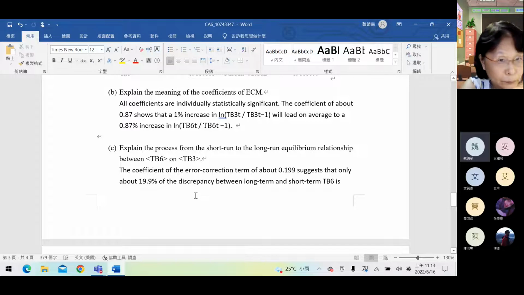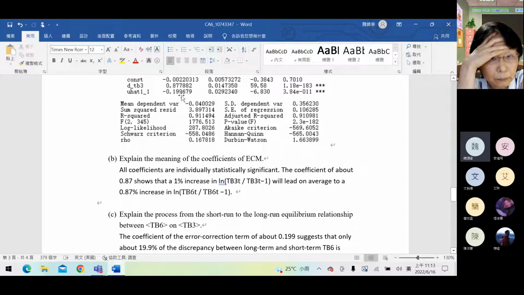The coefficient of the error correction term of about 0.199 is this one. It suggests that only about 19.9% of the discrepancy between long term and short term in TB6 is corrected within a month, suggesting a slow rate of adjustment to equilibrium. Okay.